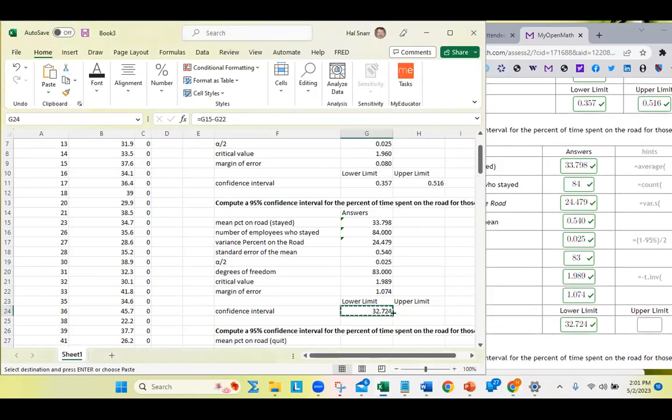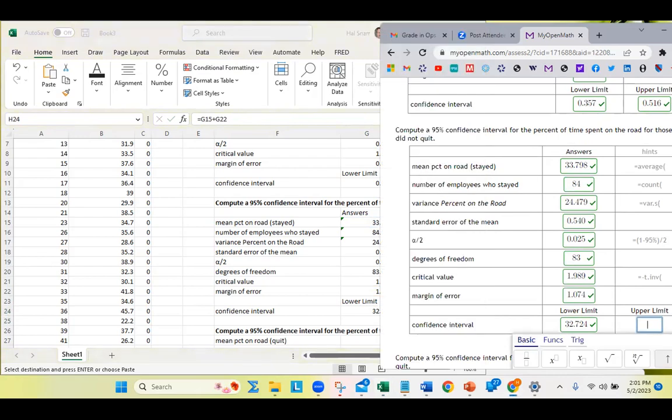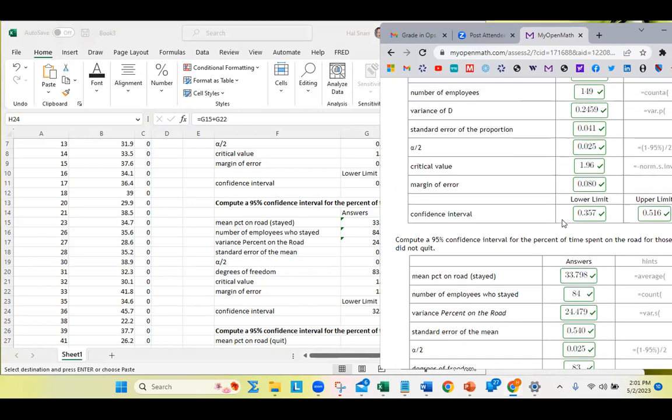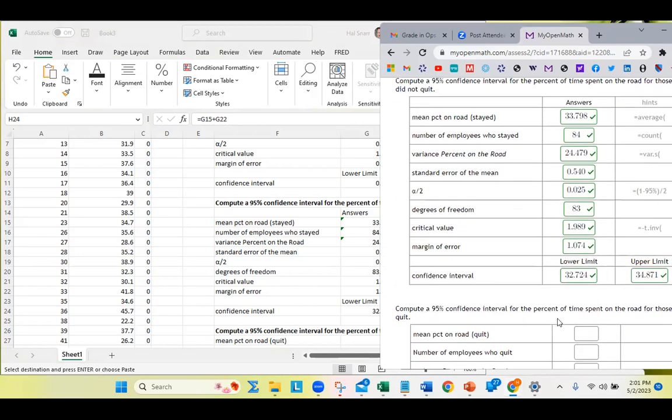What's my worst case scenario? My upper limit. I'm going to take the mean percent on the road and add to it the margin of error. The worst case scenario is 34.871. Right.